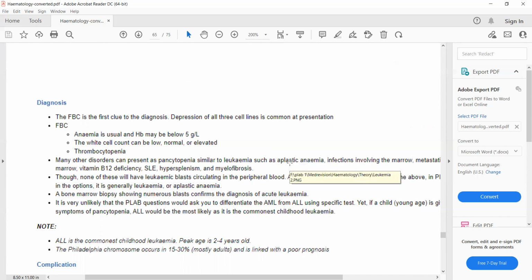Aplastic anemia can also present with the feature of pancytopenia. In aplastic anemia, there is bone marrow failure, so no cell lines are formed due to autoimmune destruction of these cells. There is no formation of RBCs, WBCs, and platelets. So aplastic anemia is an important differential diagnosis that you need to remember for PLAB 1.